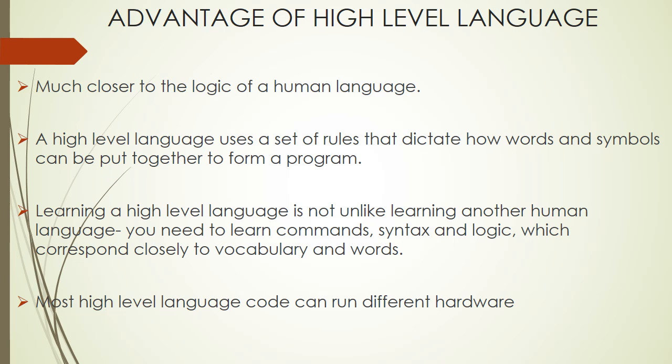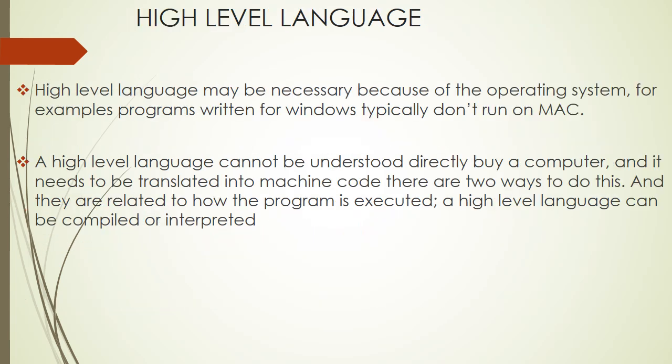You need to learn command, syntax, and logic, which correspond closely to vocabulary and words, before you are able to understand high-level language. Most high-level language code can run on different hardware of the computer system.